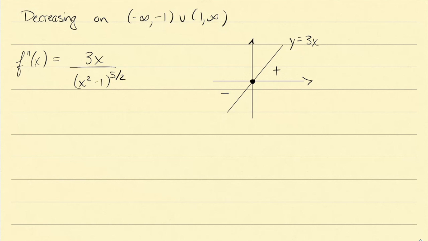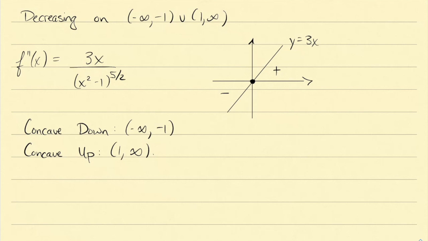This tells us the concavity switches. So we are concave down from -∞ to -1, and we are going to be concave up from 1 to infinity. We note here that we do not get any inflection points.